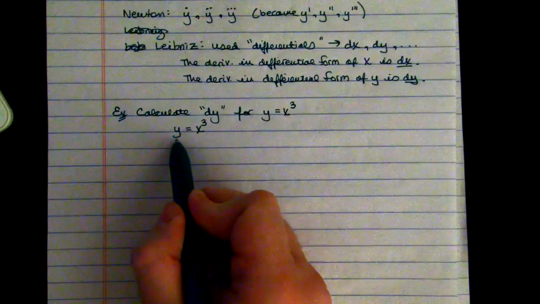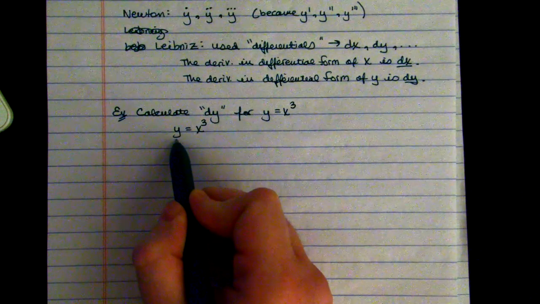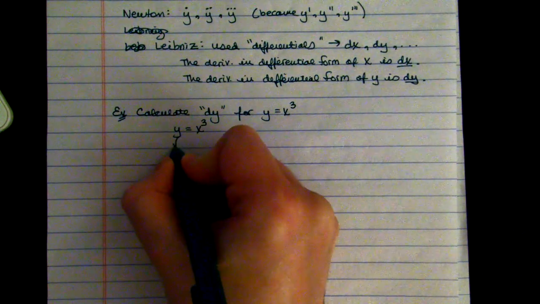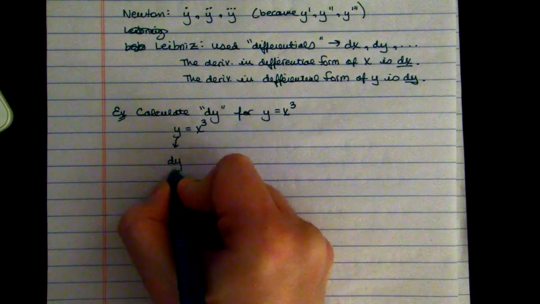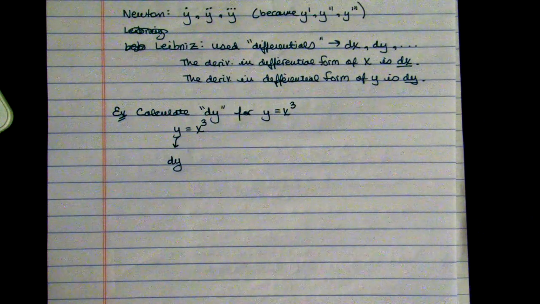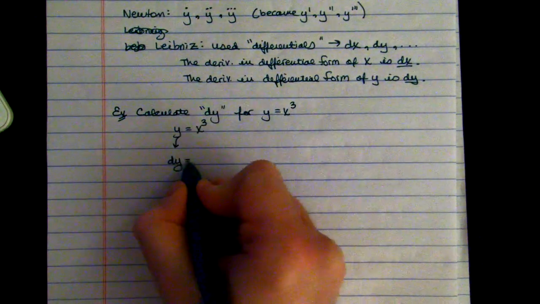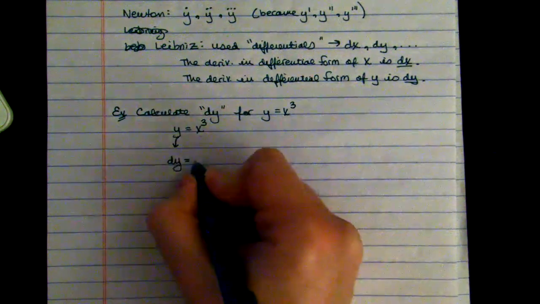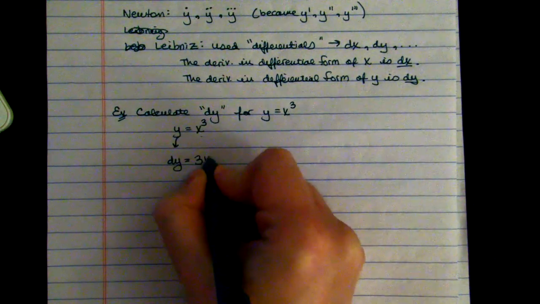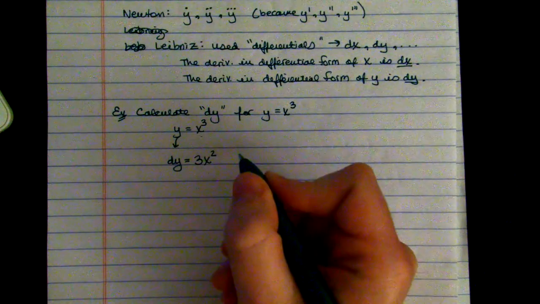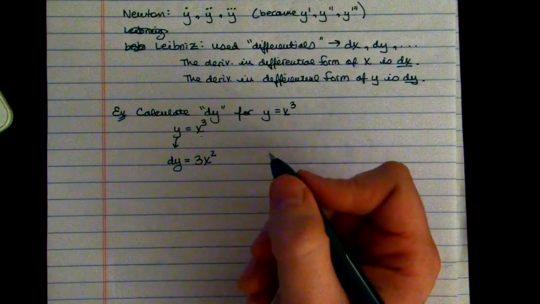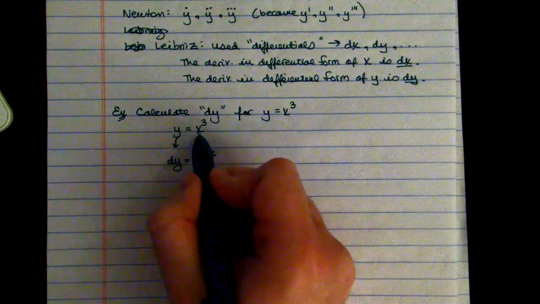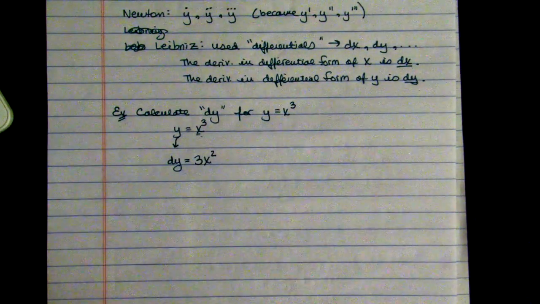The first thing I'm going to do is find my derivative of y. Well, using Leibniz's notation, my derivative of y is just going to be dy. The derivative of x cubed, well, I know my normal derivative of x cubed is 3x squared, so I'm going to write that down. But then, kind of like using chain rule, I need to multiply this answer by the derivative of the thing that I'm cubing, the derivative of x.